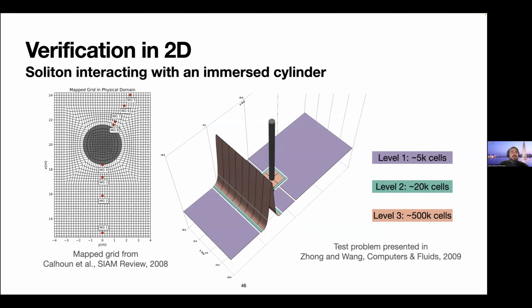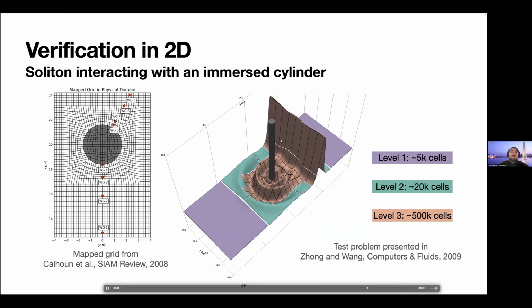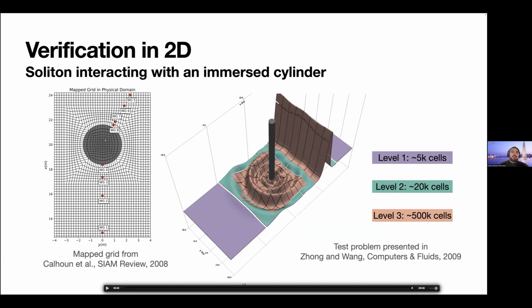Another verification test in 2D is one of a soliton interacting with an immersed cylinder. Here we use this mapped grid such that the boundaries of the cylinder are perfectly aligned with the grid again. And we compare the solution at different gauges.